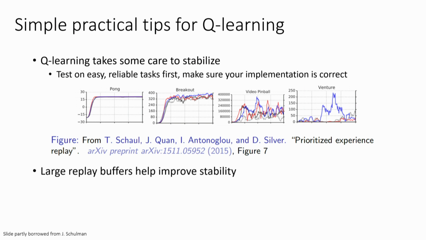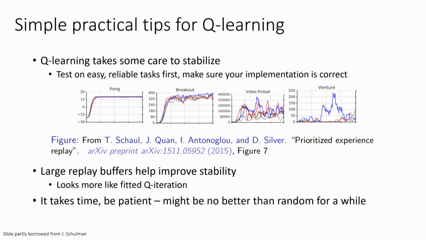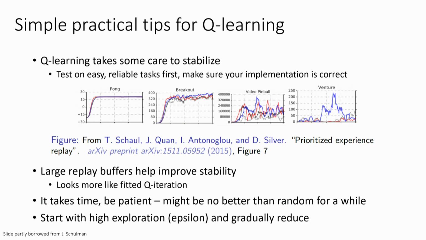Large replay buffers tend to improve stability, so generally larger than you think it should be is a good rule of thumb. That basically makes the algorithm look more like fitted Q iteration. It helps to decorrelate those transitions. And it takes time, so be patient with it. Also, it can help sometimes to put things on a schedule, especially the exploration.